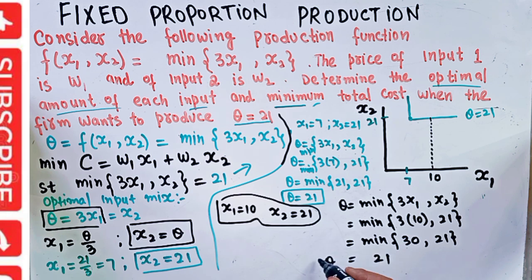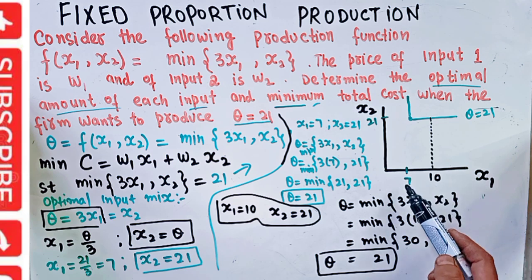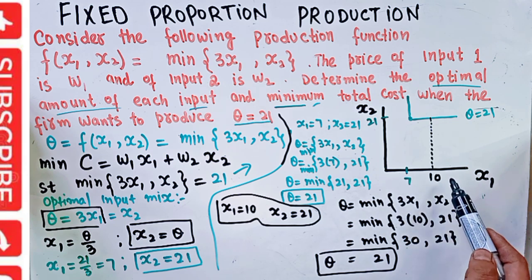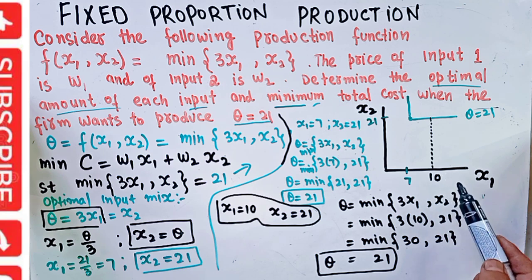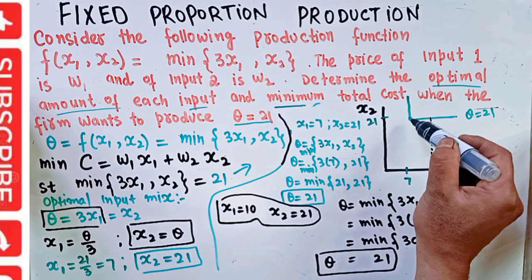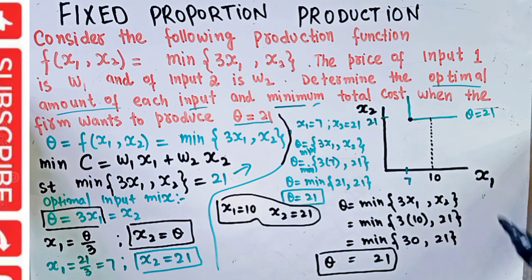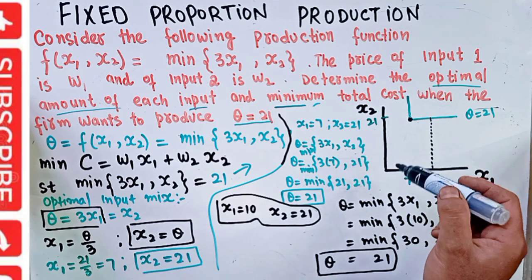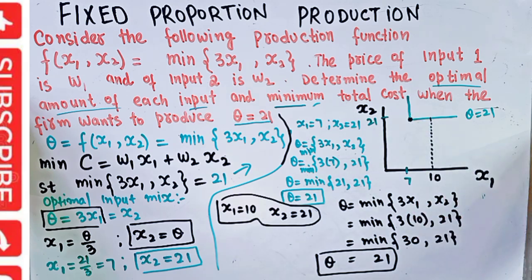We still are able to produce only 21 units of output when we increased x1 unilaterally to 10 units without changing x2 in the same proportion. So our optimal production will take place at the point where we have the kink in this isoquant.